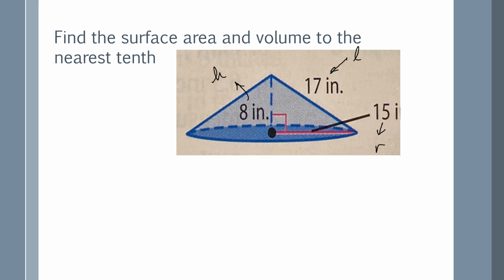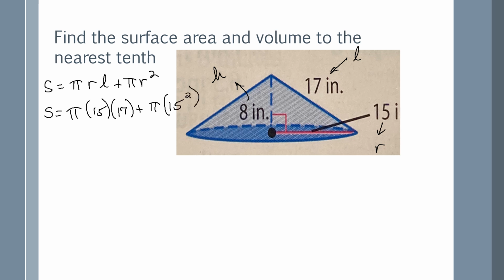Okay, so the formula for surface area is pi times the radius times the length plus pi r squared. So surface area is again pi times the radius, which is 15, times the length, which is 17, plus pi times 15 squared.